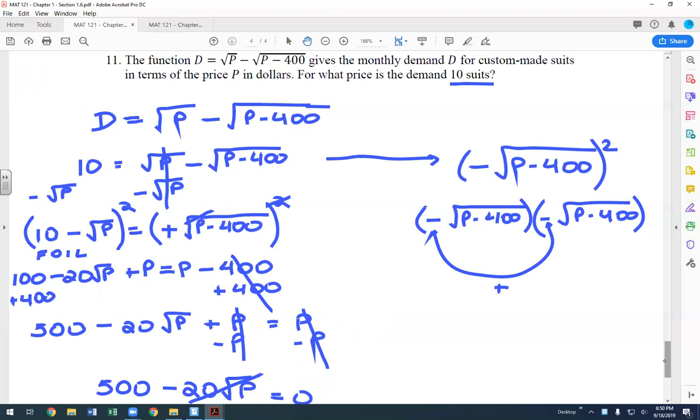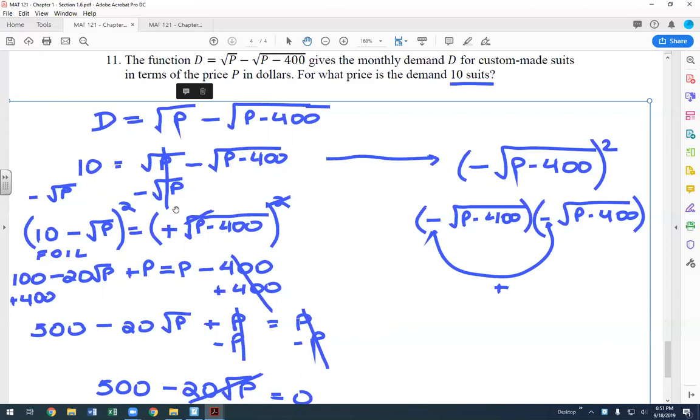The other thing you could do, if you wanted to not mess around with the negative sign, is move the square root of p minus 400 to the left-hand side, where it becomes positive, and then move the 10 to the right-hand side. I just got lazy and didn't want to make two changes. Then you would end up getting square root of p and then plus 10 after it. But you're still going to get to the same result no matter how you solve this.